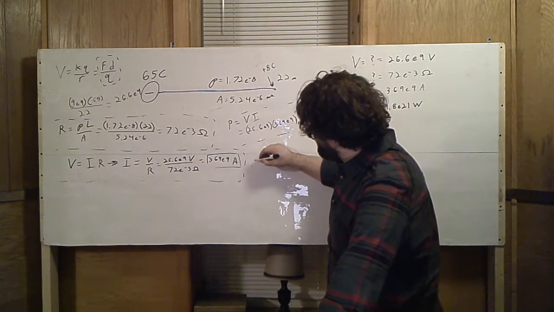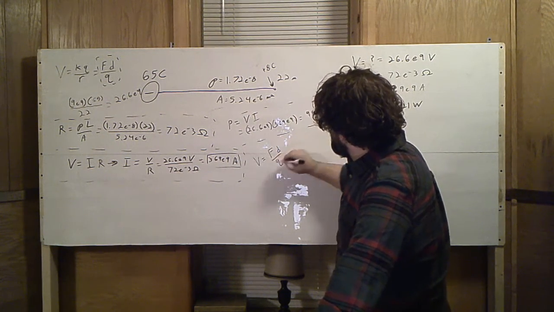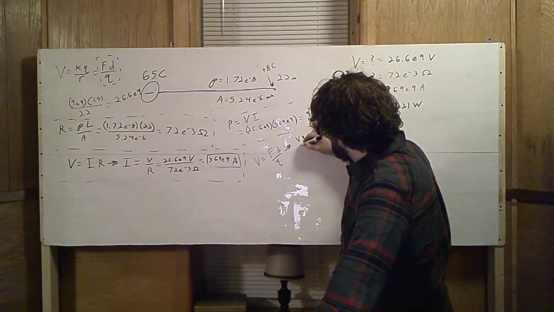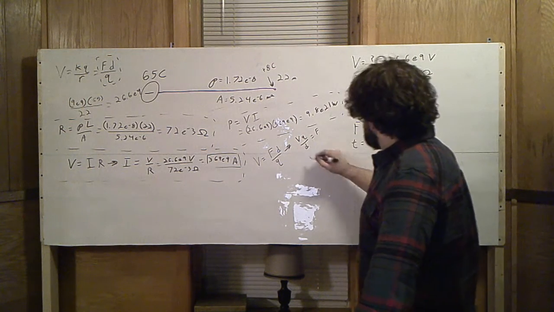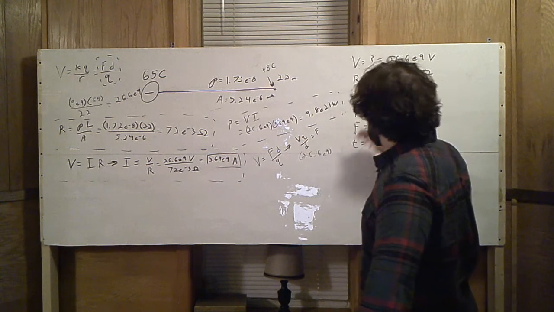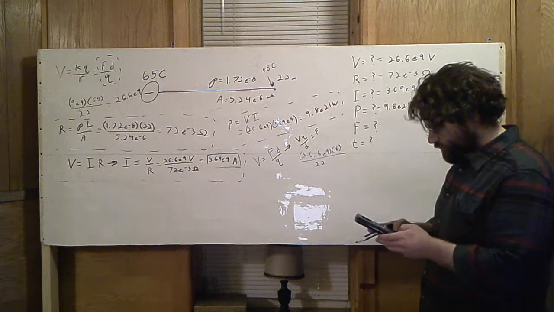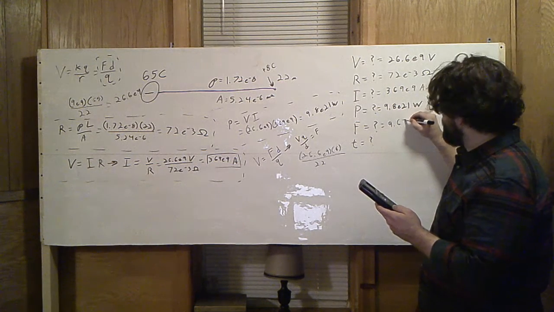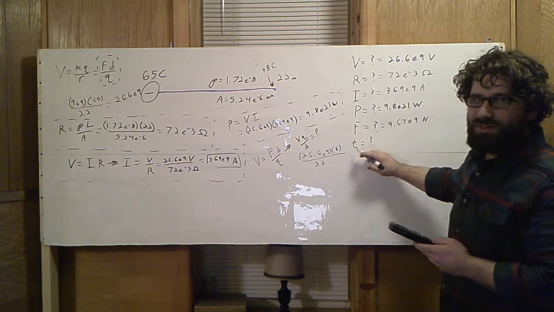V equals Fd over Q. I'm going to solve this for force, so that rearranges to VQ over distance equals F. Plugging in my variables: 26.6E9 times my charge of 8 divided by my distance of 22. And that will get me 9.67E9 newtons.